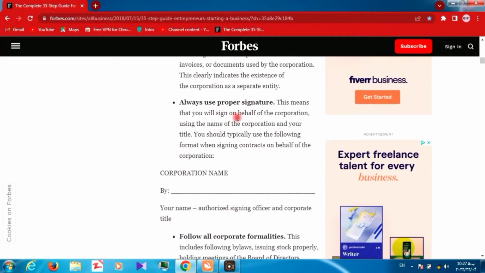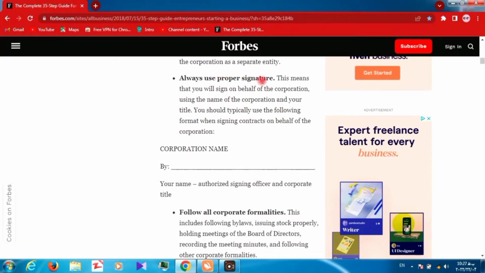Procedure number 2, always use proper signature. This means that you will sign on behalf of the corporation, using the name of the corporation and your title. You should typically use the following format when signing contracts on behalf of the corporation. Signature is a joining of the name of the company and the title that you have.